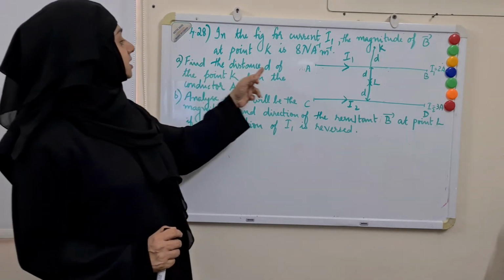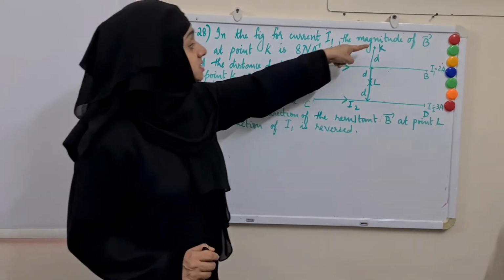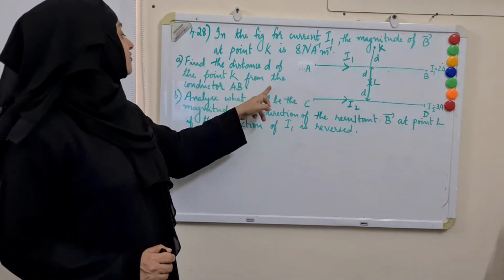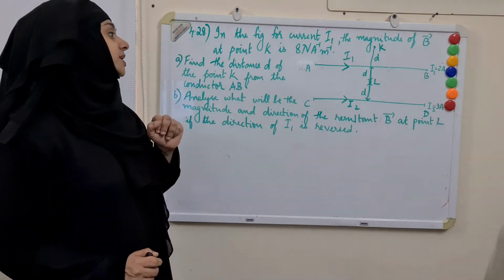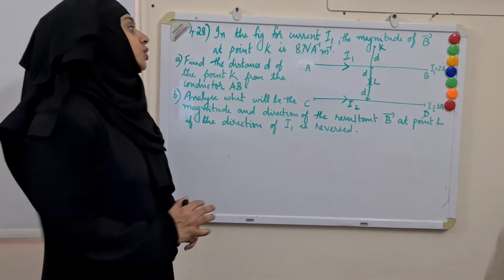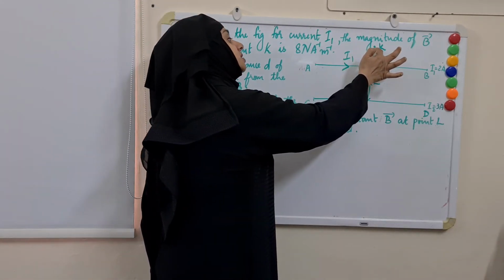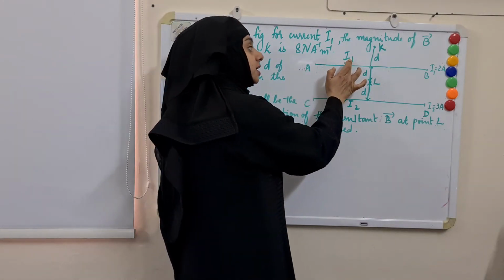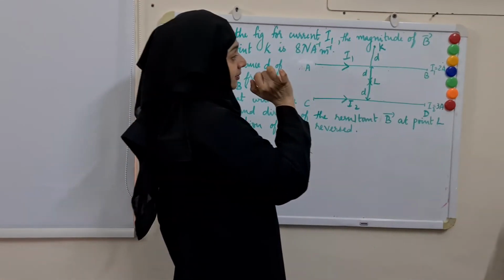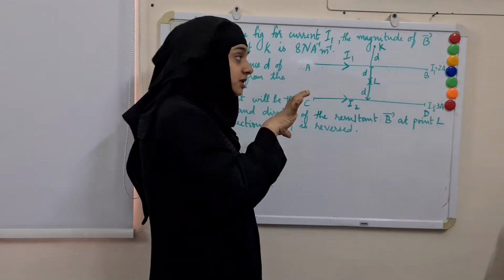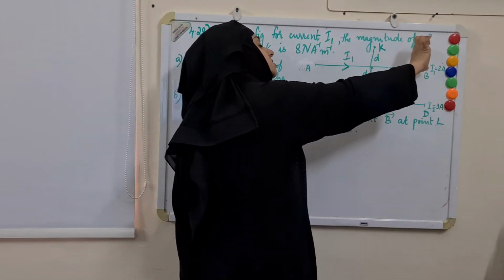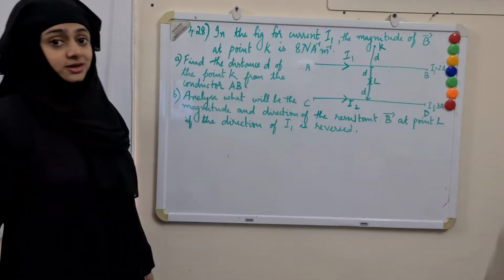A. Find the distance D of the point K from the conductor AB. So, the magnetic field at this point K is given. We know the current I1 is 2 ampere. And we have to find now the distance between the point K and this current carrying wire.